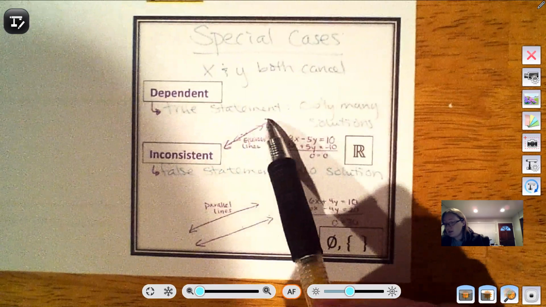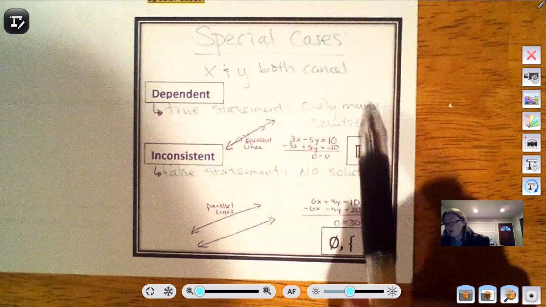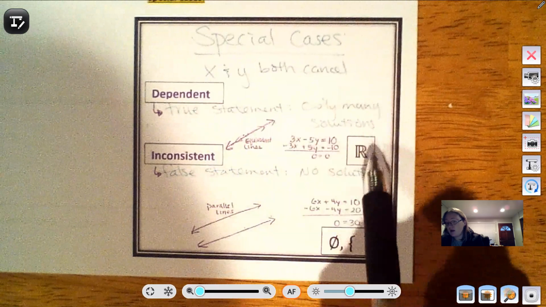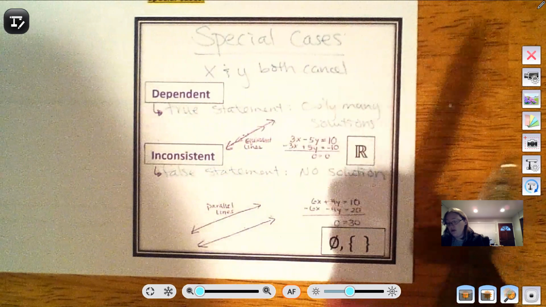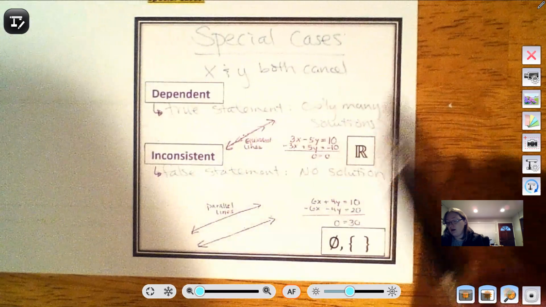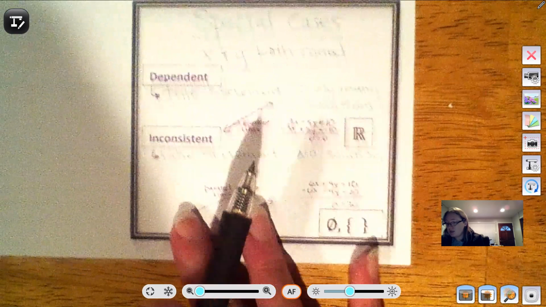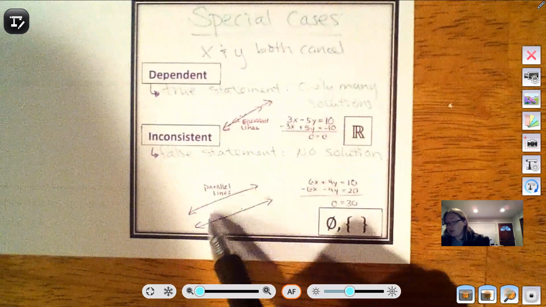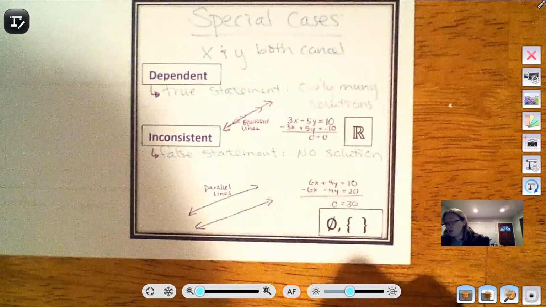They're always intersecting, and so you have infinitely many solutions regardless of what you put in for your x or y. You're going to get an answer. Versus inconsistent is when they're parallel and there's no intersection, so then there's no solution.